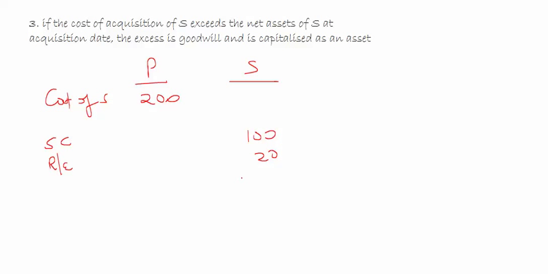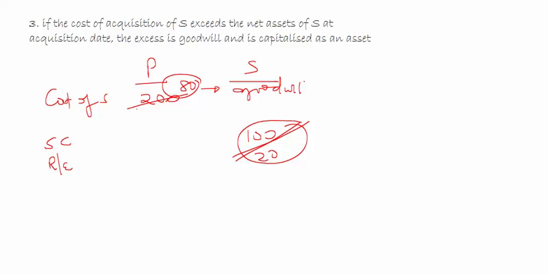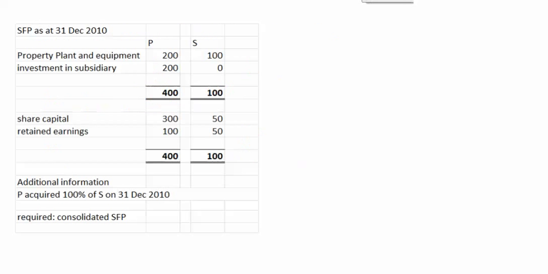So when I'm doing my cancelling out, I'll find out that this is 200, but this one is combined of 120. So this 120 in its entirety disappears, and out of the 200, 120 disappears, but there's a carry forward of 80. So this carry forward of 80 becomes goodwill and is capitalized as such. Okay, so let's see that in application by way of an illustration.